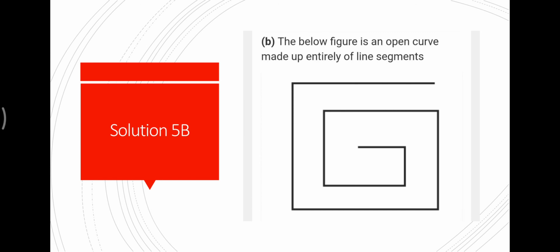Now in B part, we have to make an open curve made up entirely of line segments. The curve should be open, but it should be made up of only line segments. So this figure is made up of line segments, but it is open. So it is also possible.